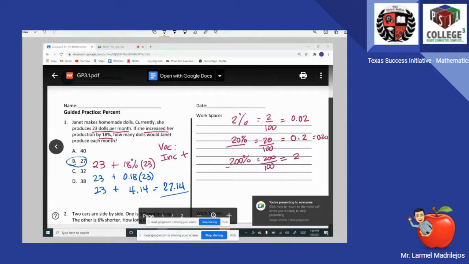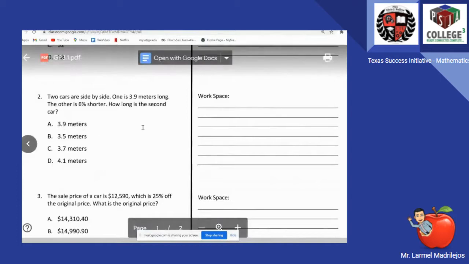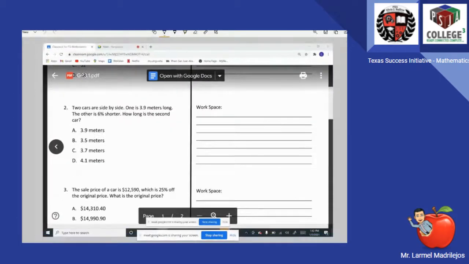Okay, next question. Question number 2. Two cars are side by side. One is 3.9 meters long and the other is 6% shorter. Vocabulary: shorter.